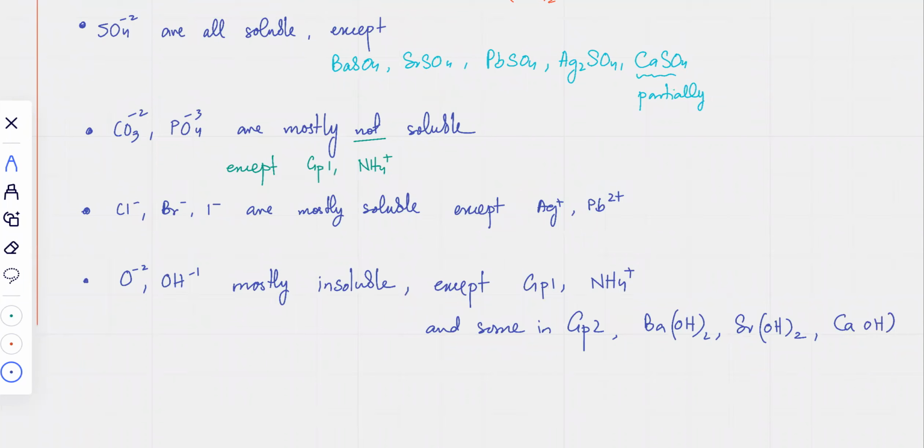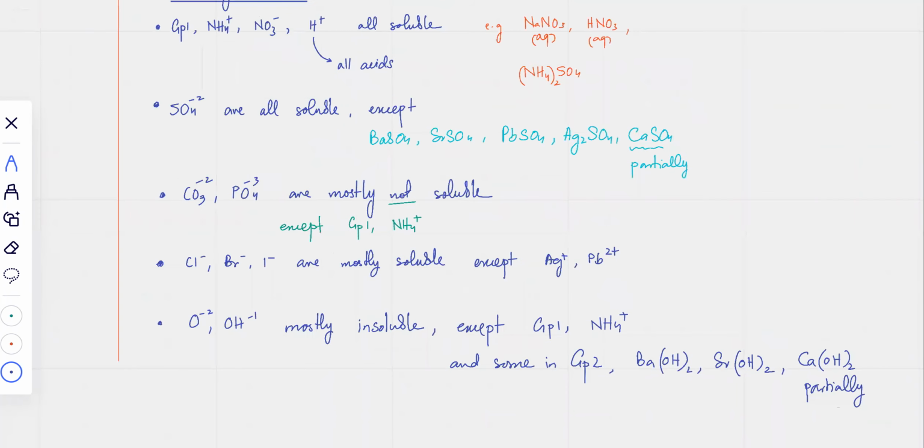That's partially soluble. So most of them are insoluble except for the ones that contain group 1, like if you have NaOH or sodium oxide, that would be soluble, or it has NH4OH, that would be soluble, and some of them in group 2. So that's your solubility table.